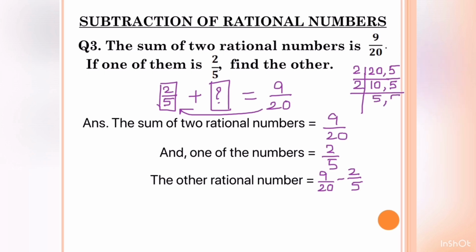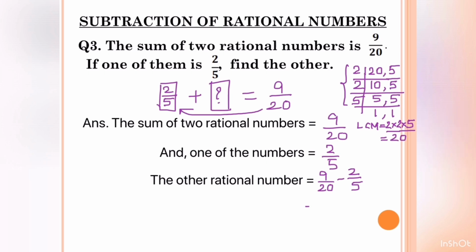We will write 5 as it is. 5 times 1 is 5. 5 times 1 is 5. So the LCM will be equal to multiplying these factors: 2 times 2 times 5, which is 4 times 5, which is 20.